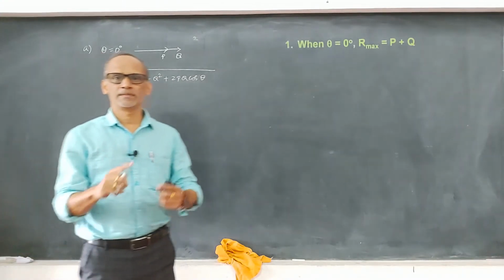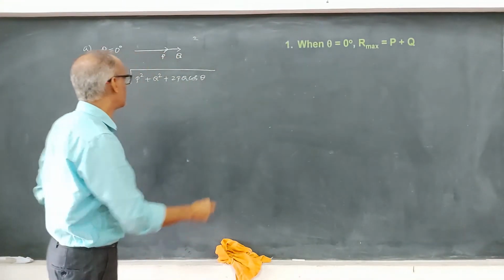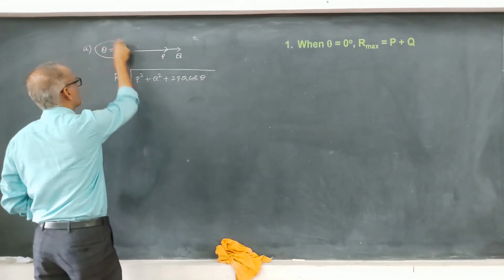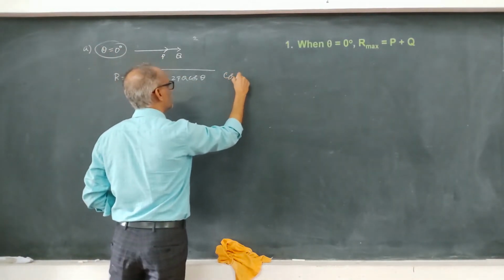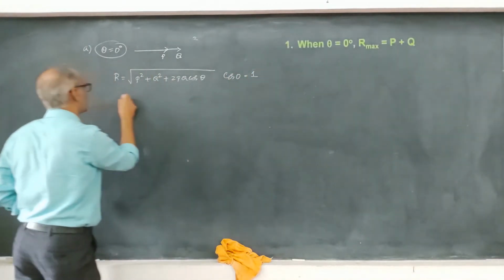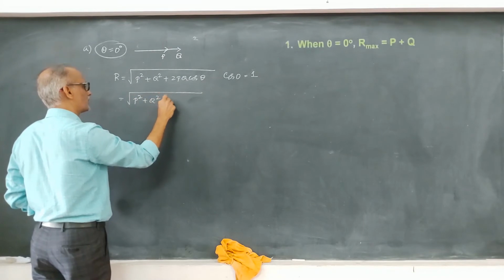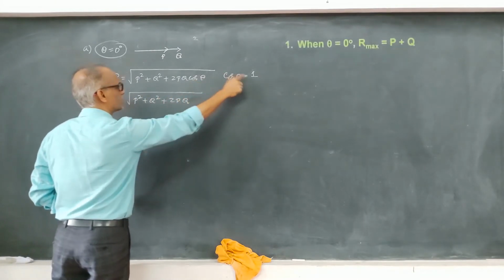In the last class I had given one standard table where we have the cos 0 value, because now theta is 0, right? What is cos 0? The value of cos 0 is 1. So we get root of P square plus Q square plus 2PQ, because cos 0 is 1.